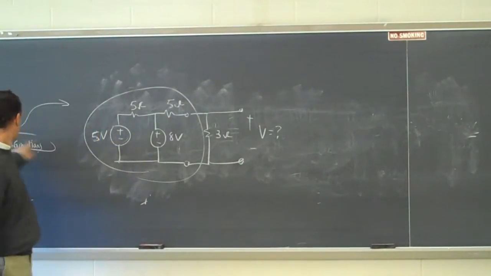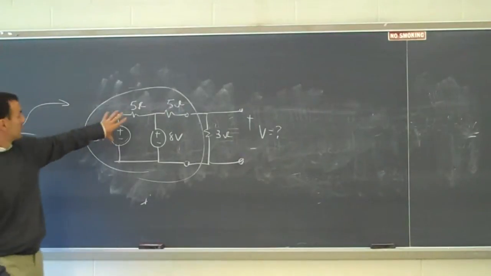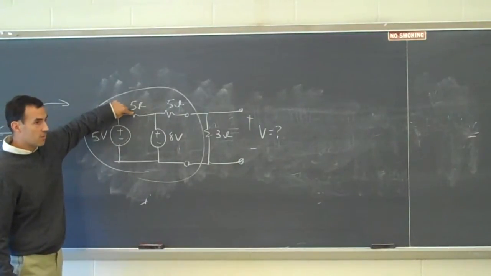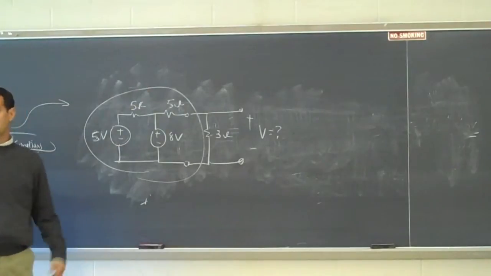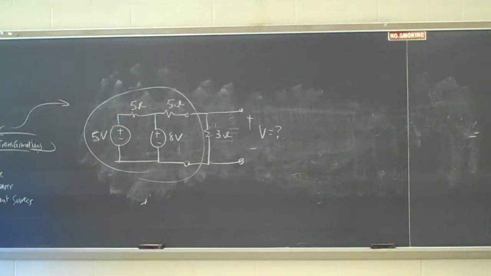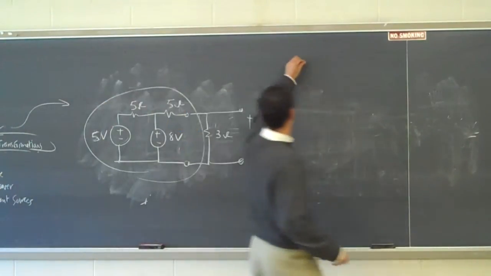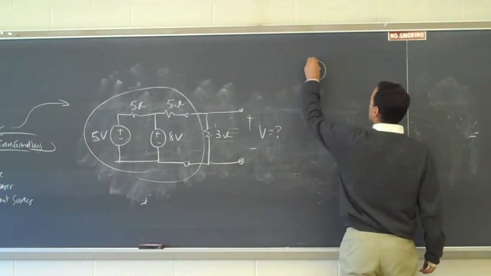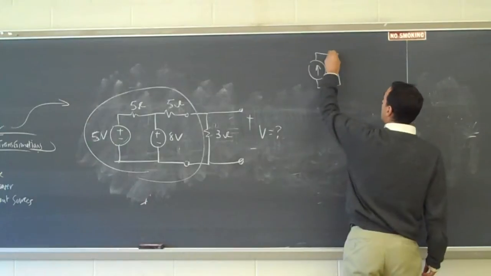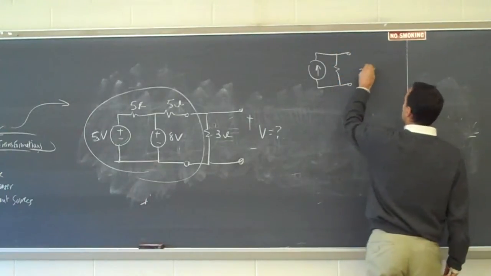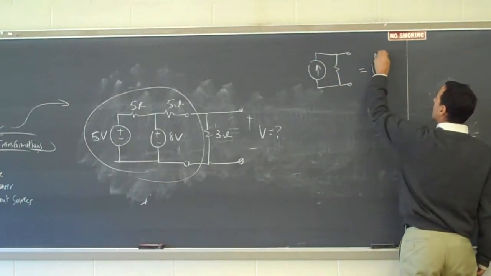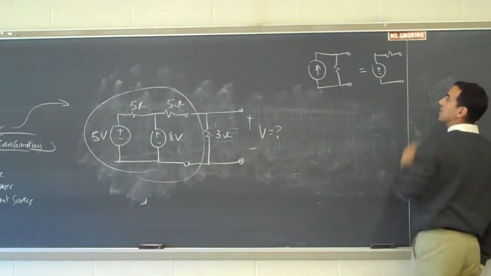So with source transformations, what I can do is turn this voltage and resistor source into a current source in parallel with the resistor. Earlier I had an example, I probably shouldn't have fully erased it. I had that circuit, and that was equivalent to that circuit.